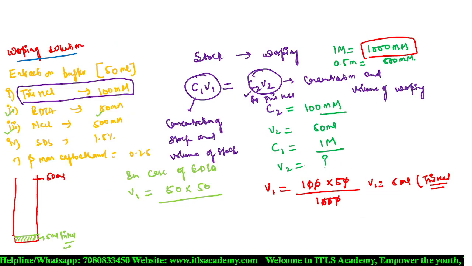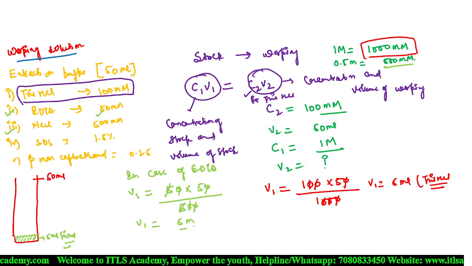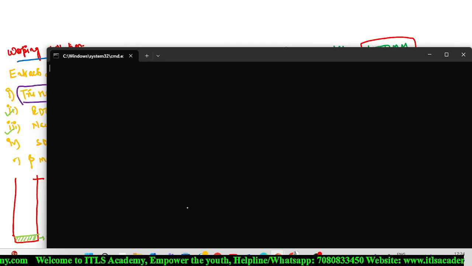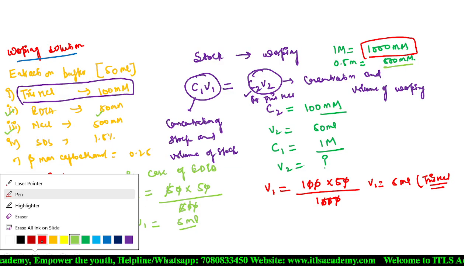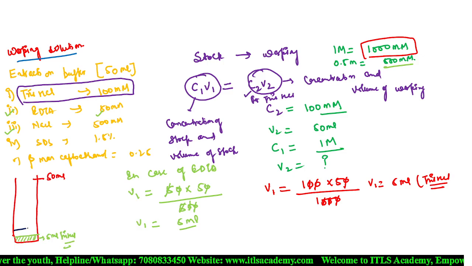Then we convert this 0.5 molar into millimolar, that is your 500. Zero cancels zero, zero cancels zero, 5 cancels 5. So V1 is 5 ml. Yes, that means we require 5 ml of this EDTA. Now put the EDTA 5 ml into the beaker.